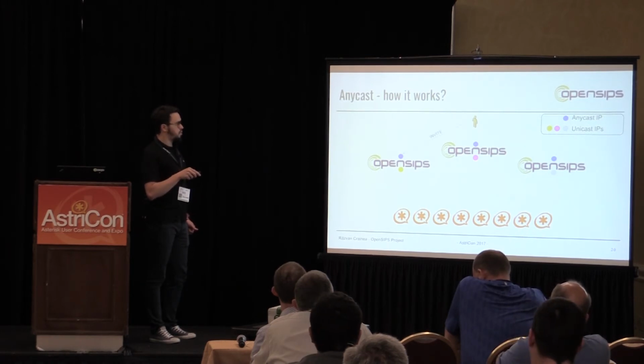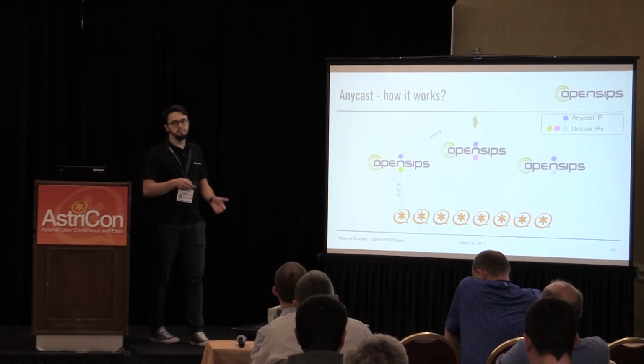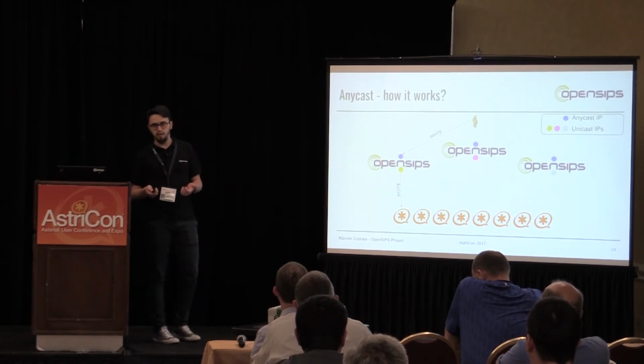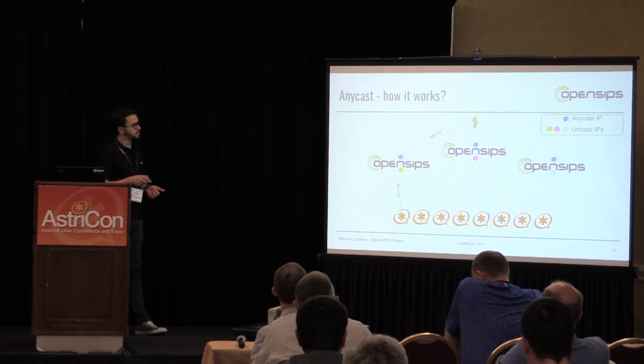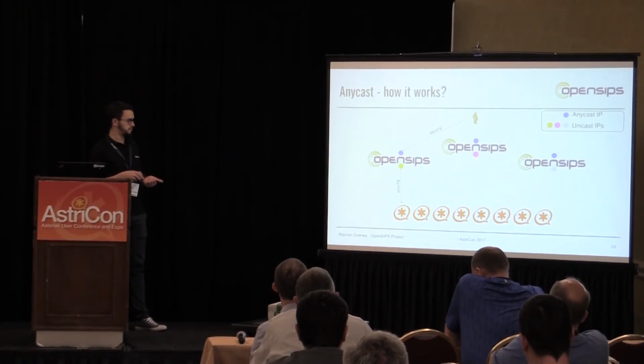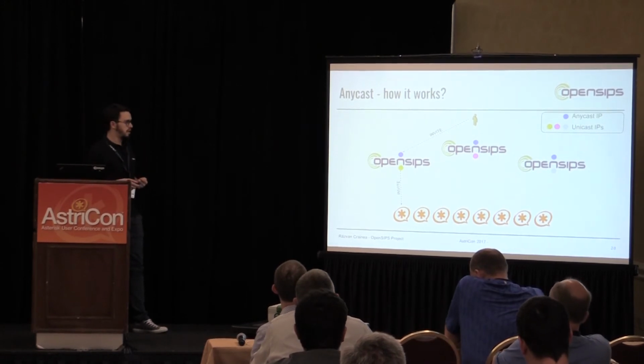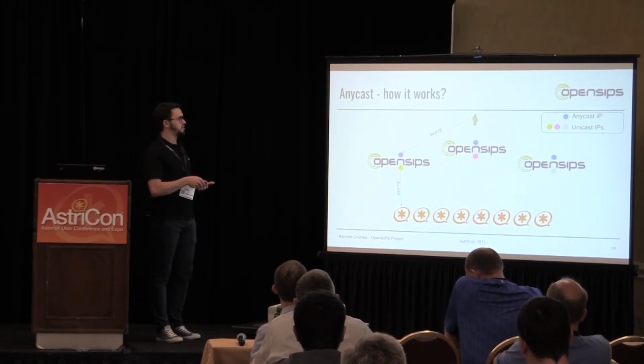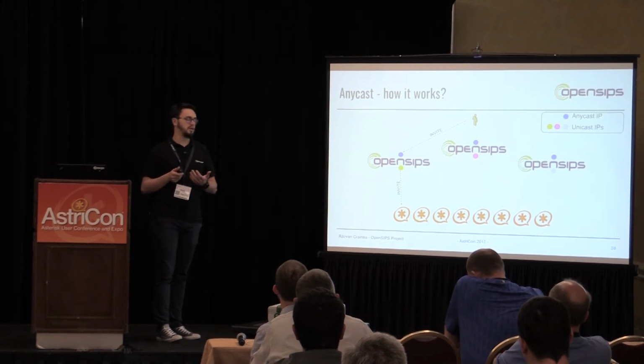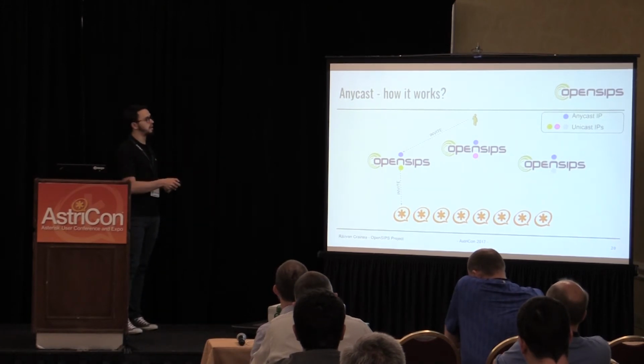So when an invite comes in, based on a distance metric, because that's how routing works, it is sent to one of these machines, one of these instances. And from that on, you can use Unicast here or Anycast, whatever. But I am using Unicast IPs now to keep it simple.